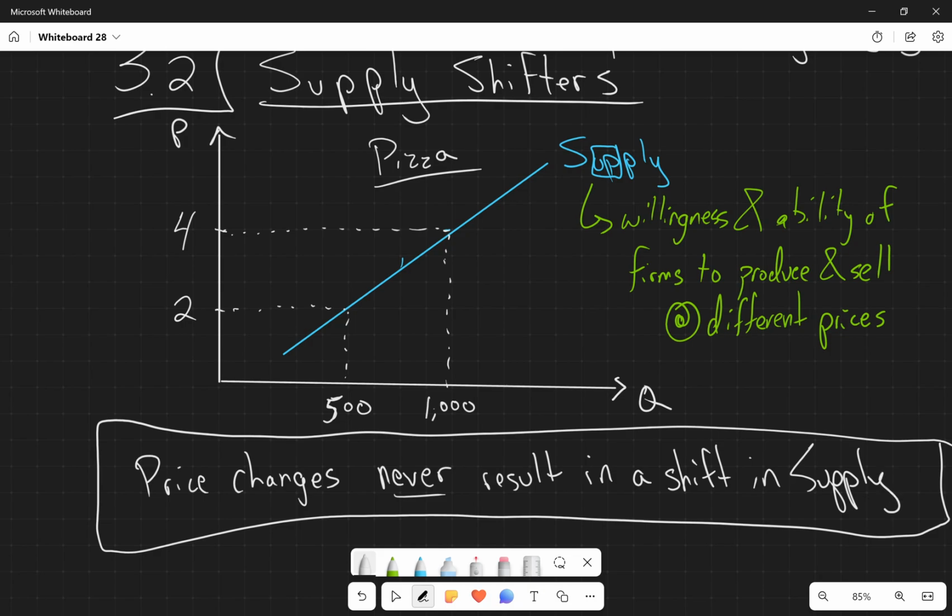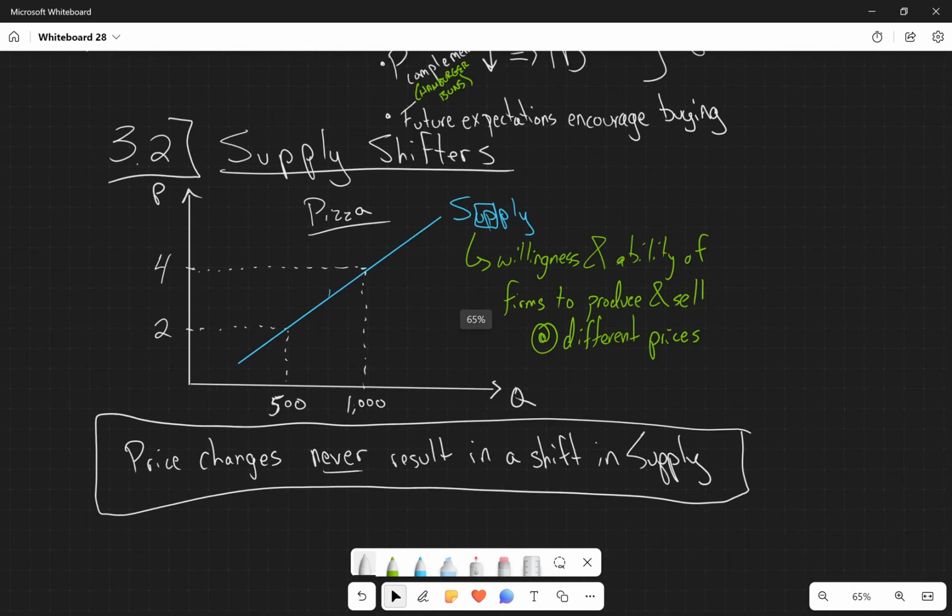Because it's built into the supply curve. The supply curve is the way it is because of how suppliers react to price changes. So then the next logical question is, well, what does shift supply? What does impact supply, right? And I'm so glad you asked, because that's what we're talking about next.